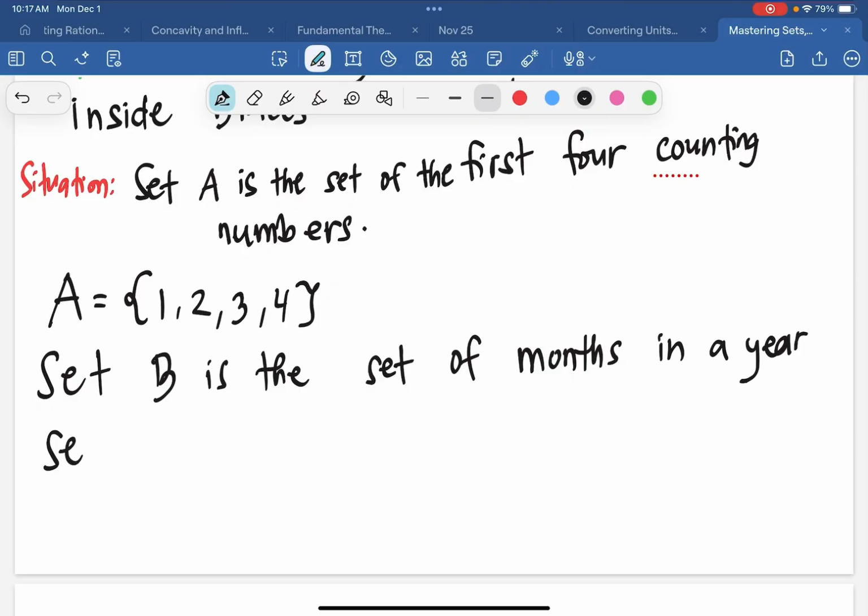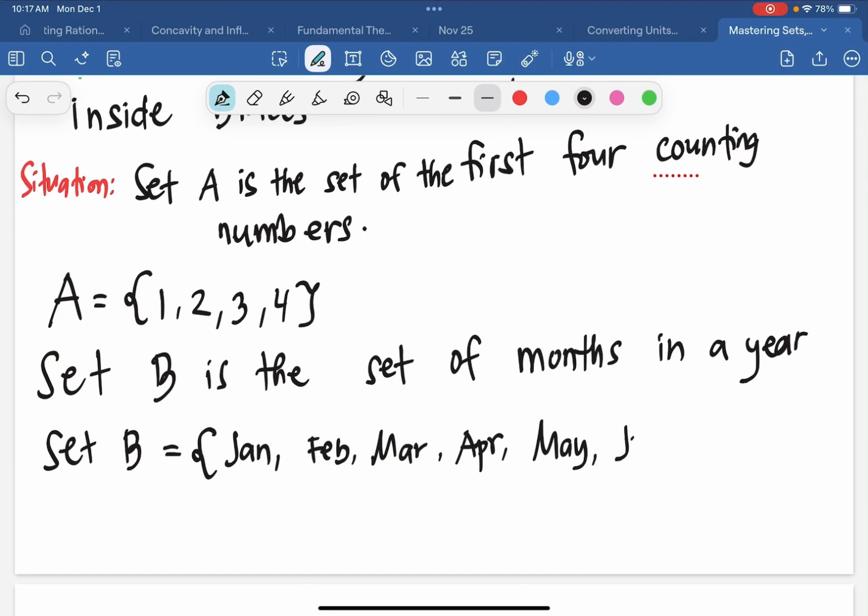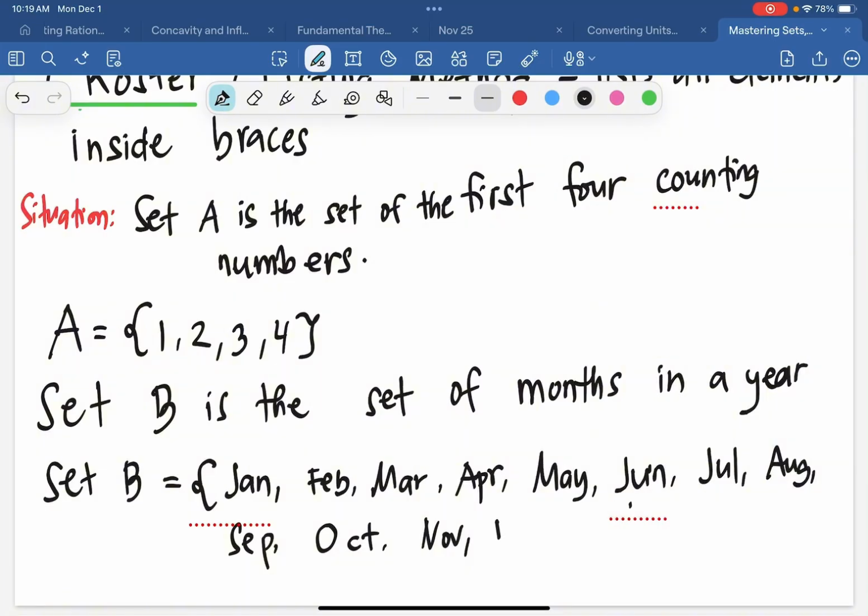So just write a list of all the months inside the braces. From January, February, March, April, May, June, July, August, September, October, November, and December.